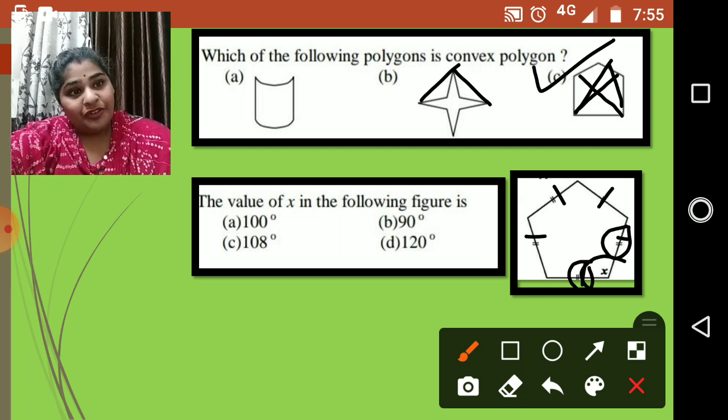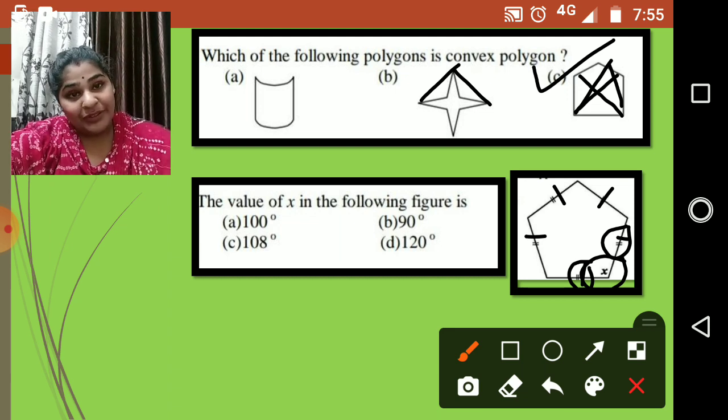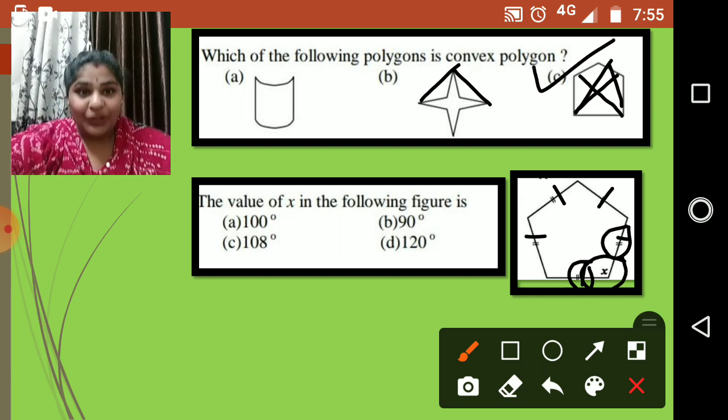And we have to find one of the angles from the given figure. If I know the sum of angles, it will be very easy for me to find each angle. So let us first find the sum of angles of the given polygon, that is a convex polygon.